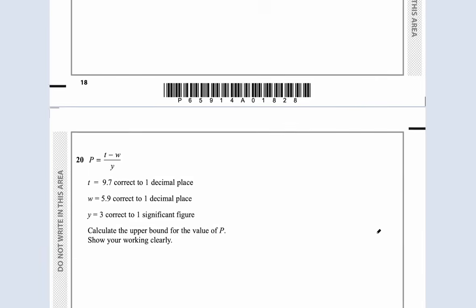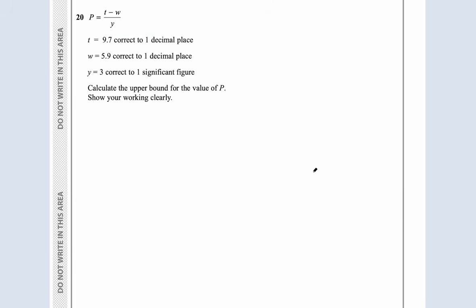Okay, question 20. This is one of these upper and lower bounds questions. It says calculate the upper bound for the value of p. So guys, if you've seen me do these before, you may be familiar with the way I do it. I say we want p to be big. To get p big, we want t to be big, because that's the first term of the numerator.